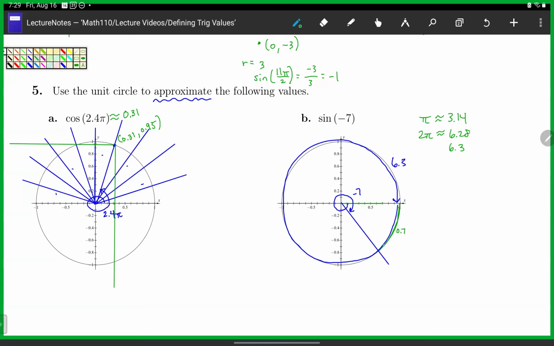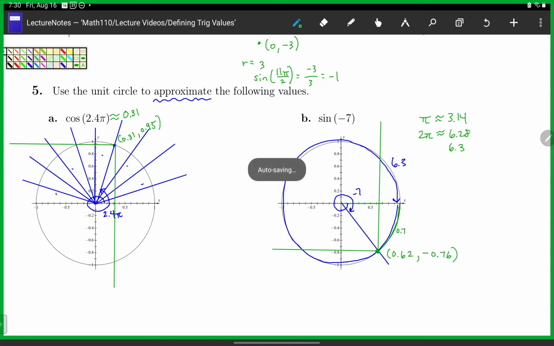So, again, I have my x and y coordinates. I'm just going to see if I can eyeball a line that's roughly parallel to the y-axis in both directions. And the sine here is the y-coordinate. The x-coordinate looks like it's about 0.62, say, and the y-coordinate looks like it's around -0.76.